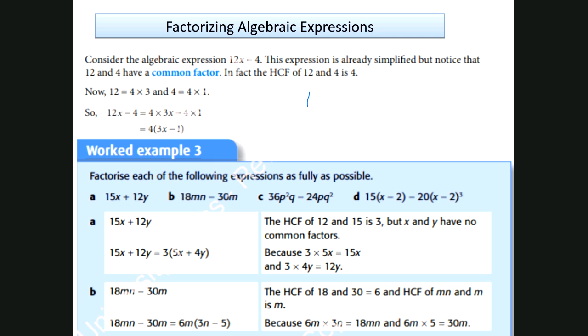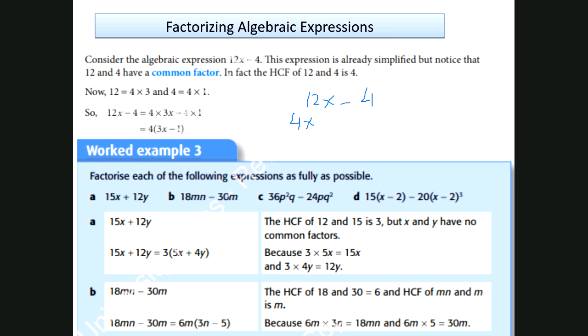So in an expression like 12x minus 4, you have to make the factors. What are the possible factors of 12, keeping in mind there is a 4, so it should be a kind of 4. So I can take 4 as a common, so I can write 4 multiplied by 3x.